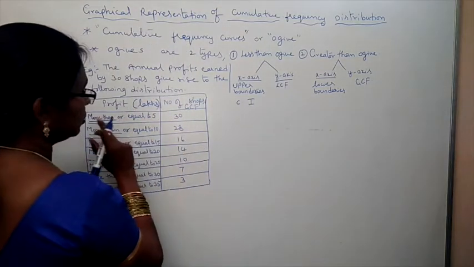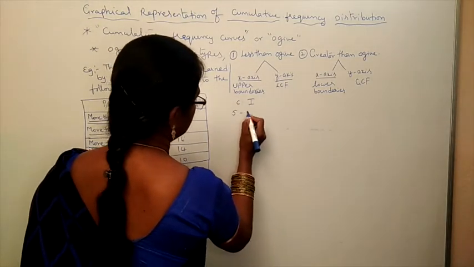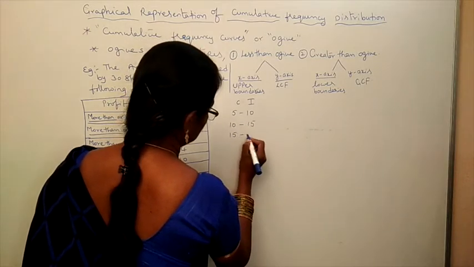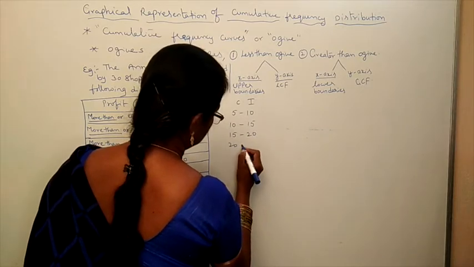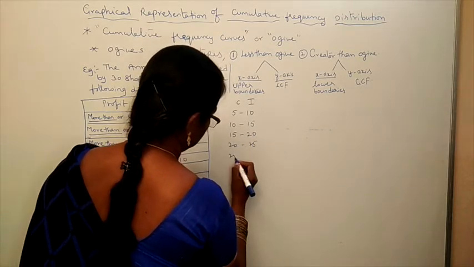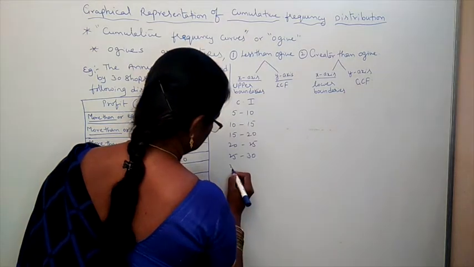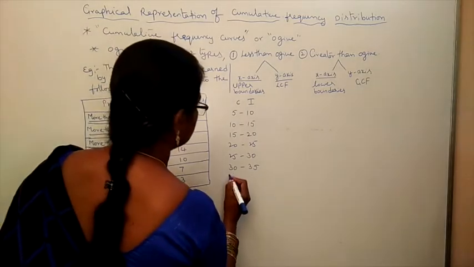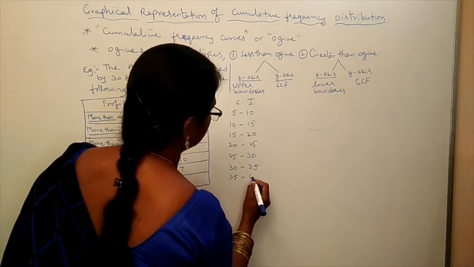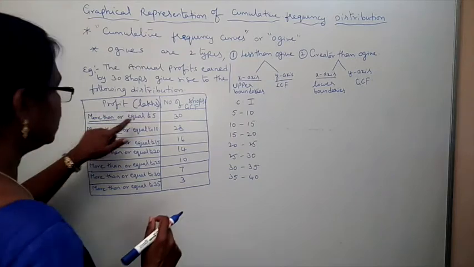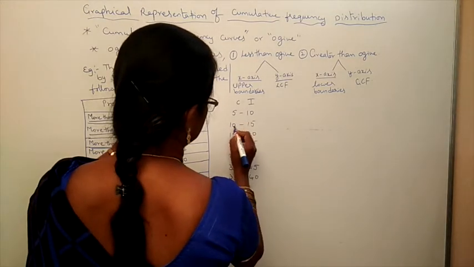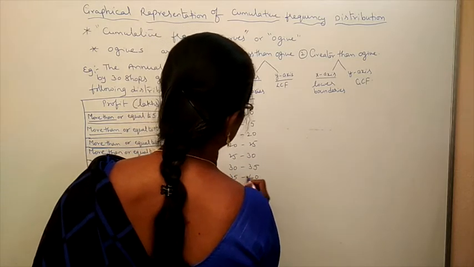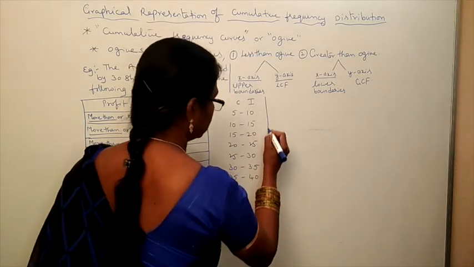More than or equal to 5 means 5 to 10, 10 to 15, 15 to 20, 20 to 25, 25 to 30, 30 to 35, 35 to 40. Now we have the class intervals.